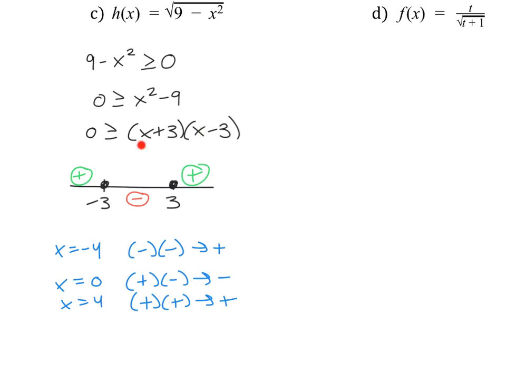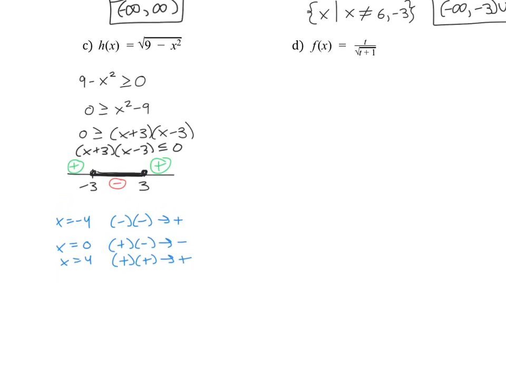For this one, I'm looking for whenever this quadratic expression is less than or equal to 0. So I'm looking for this region in between. If it helps, you could flip the order of this: x plus 3, x minus 3 is less than or equal to 0, to help you interpret that we want the negative values.